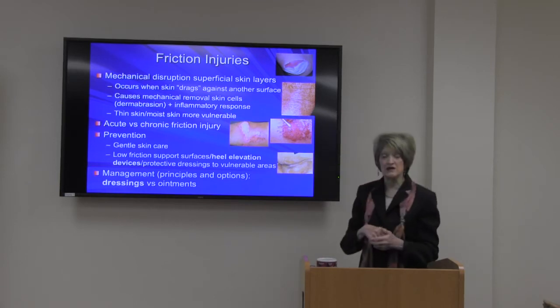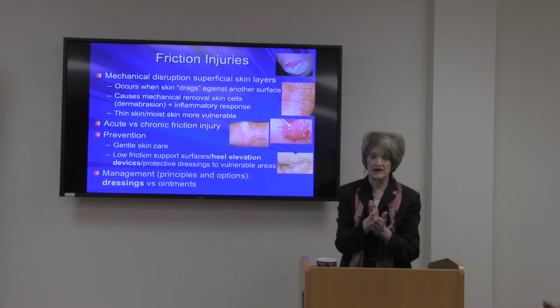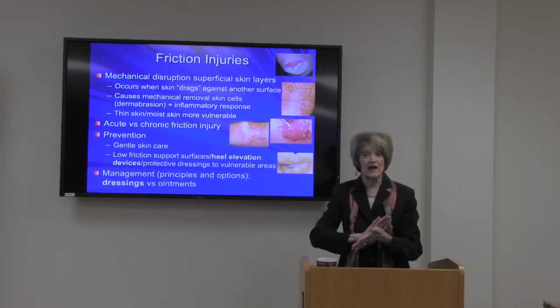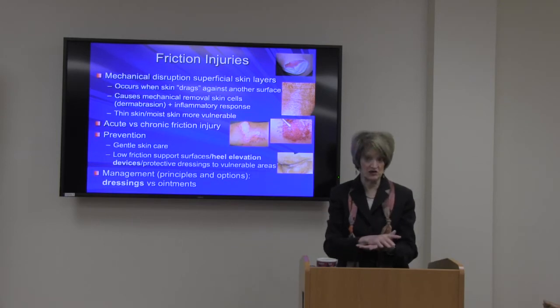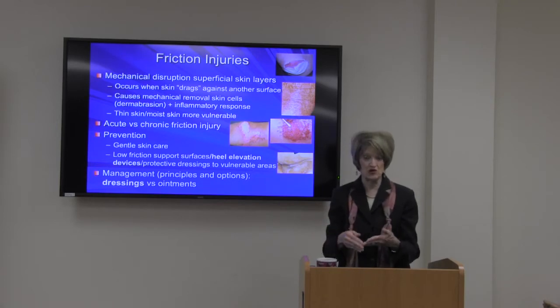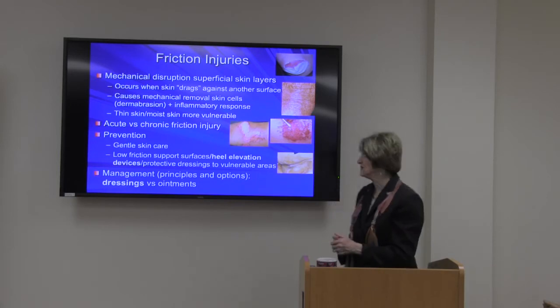On the top, you see a more chronic friction injury where it's like rubbing against the heel, rubbing against the heel. And finally, you get disruption between the epidermis and the dermis. So you get blister formation. When that blister ruptures, you have exposure of the basement layer of the epidermis or of the dermis.